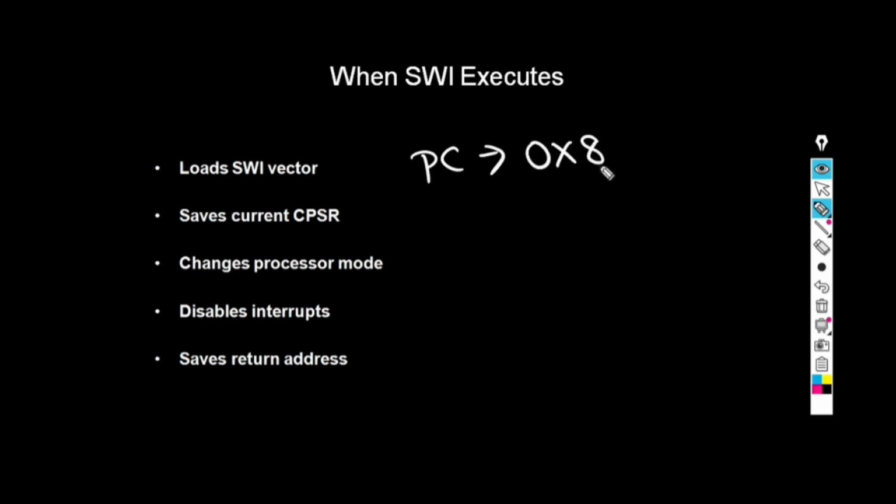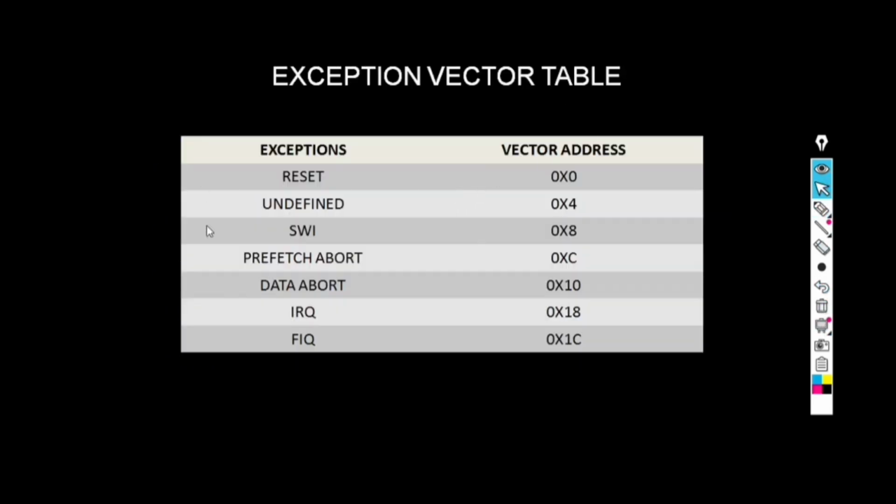That is because 8 is the vector address for the SWI handler in case of LPC2148. This is one thing you should know. This is your vector table, which shows the specific addresses which should be updated in PC whenever these exceptions are encountered. As you can see here, for SWI the address is 8.